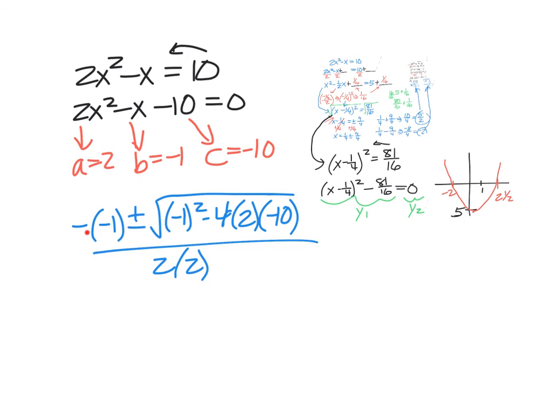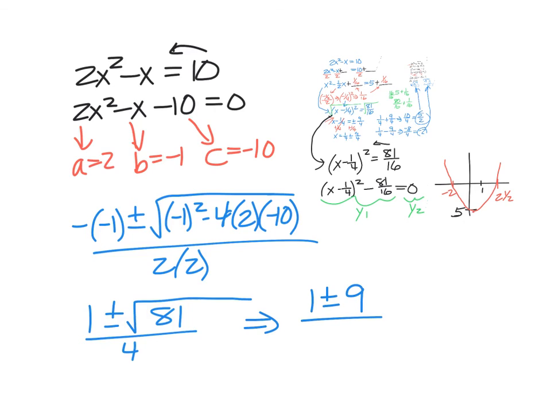This is going to be a positive 1 plus or minus. Go under the square root. Again, you can type all of this in the calculator at one time and figure that out, but that's going to be 81 all over 4. The square root of 81 is 9, so we've got 1 plus or minus 9 over 4.